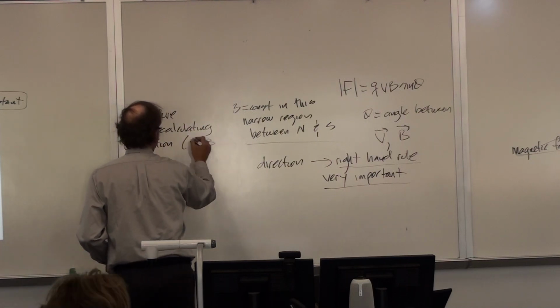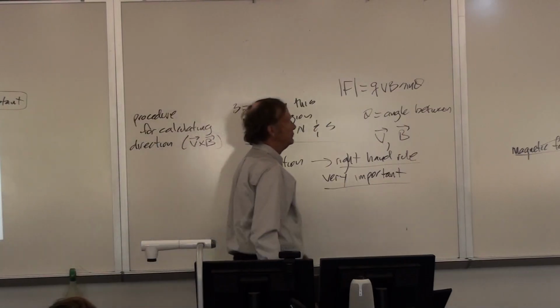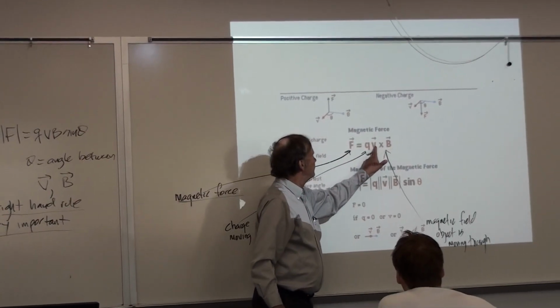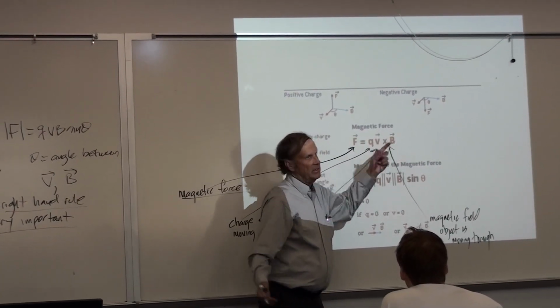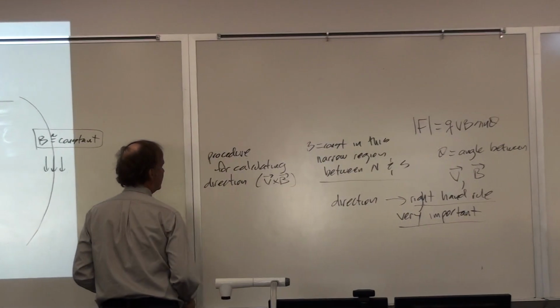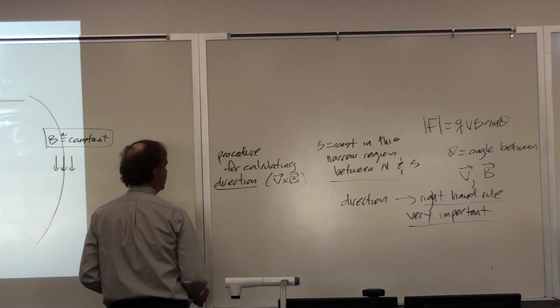In this case, it's V cross B, but it could be any other variables too. In general, this could be some D cross E. But for the kinds of forces we're going to be dealing with, what we need to do is figure out how to get the right direction from V cross B.